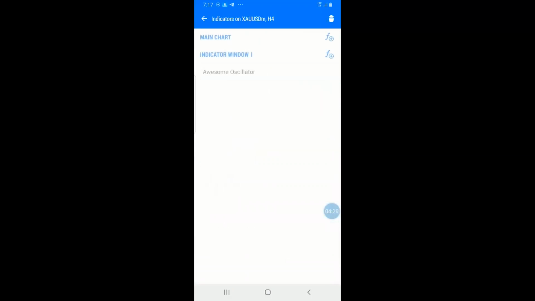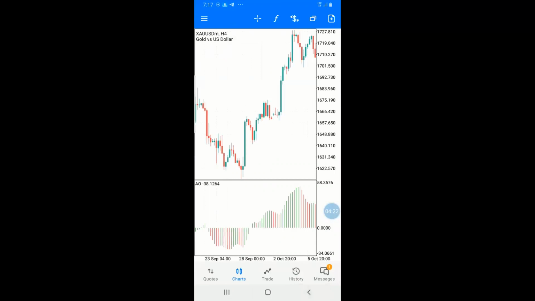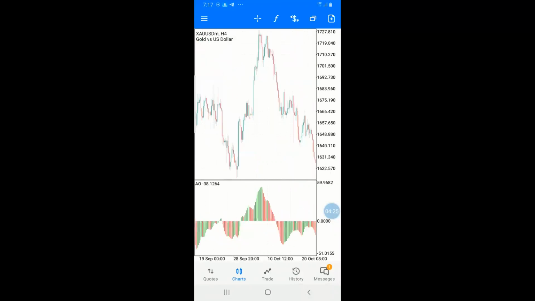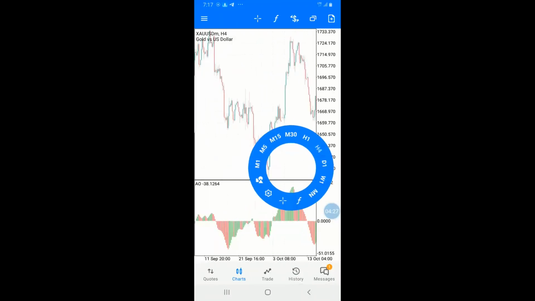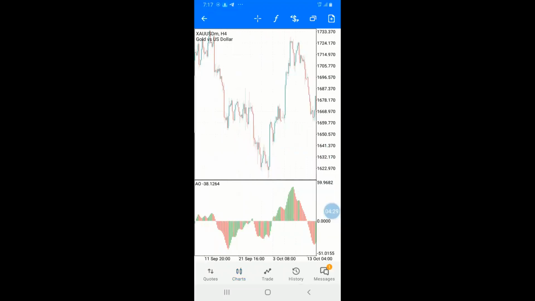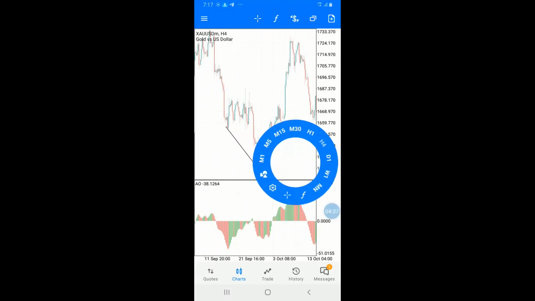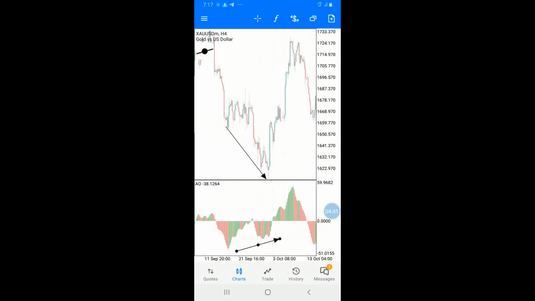You can see here, very clear, very, very clear. The market was making lower low, lower high, lower low here, and on the oscillator, the market is making higher high, higher high.